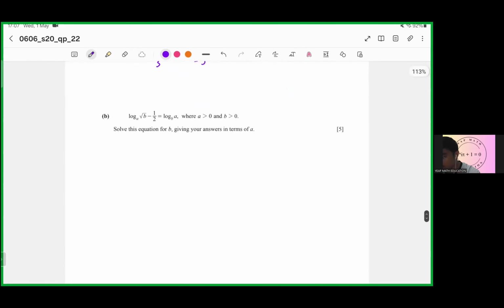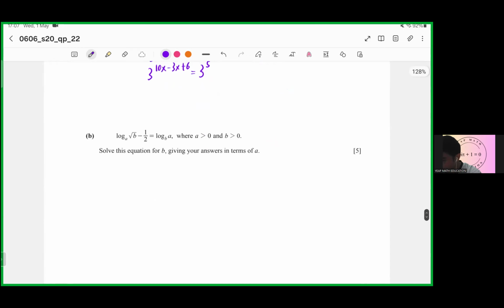Now we look at the next question, question B. Given this statement, solve the equation for b, giving your answer in terms of a. For this, the steps are quite long, so I hope you can follow slowly. So I write 1 over 2 minus log base b of a equals 1 over 2.